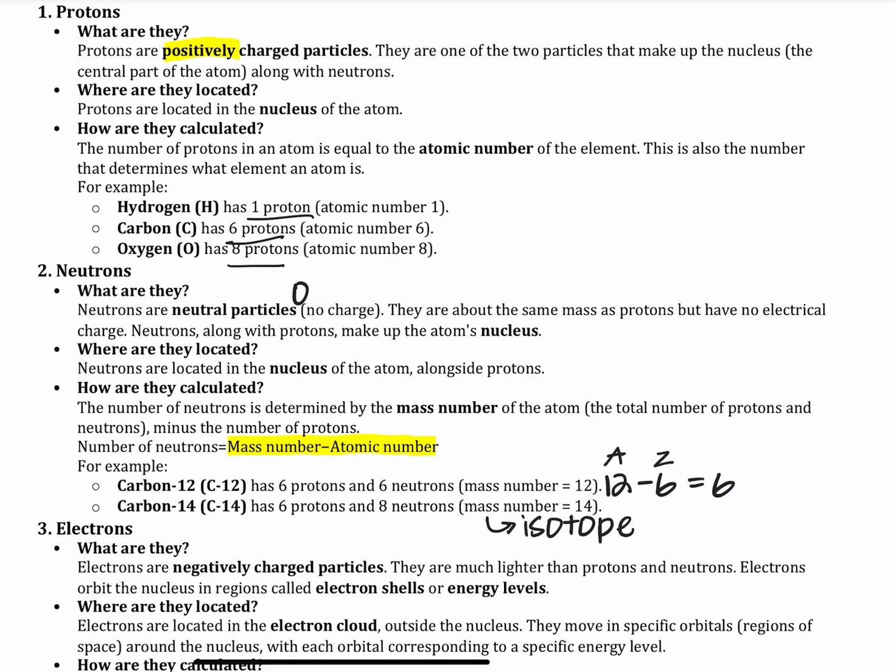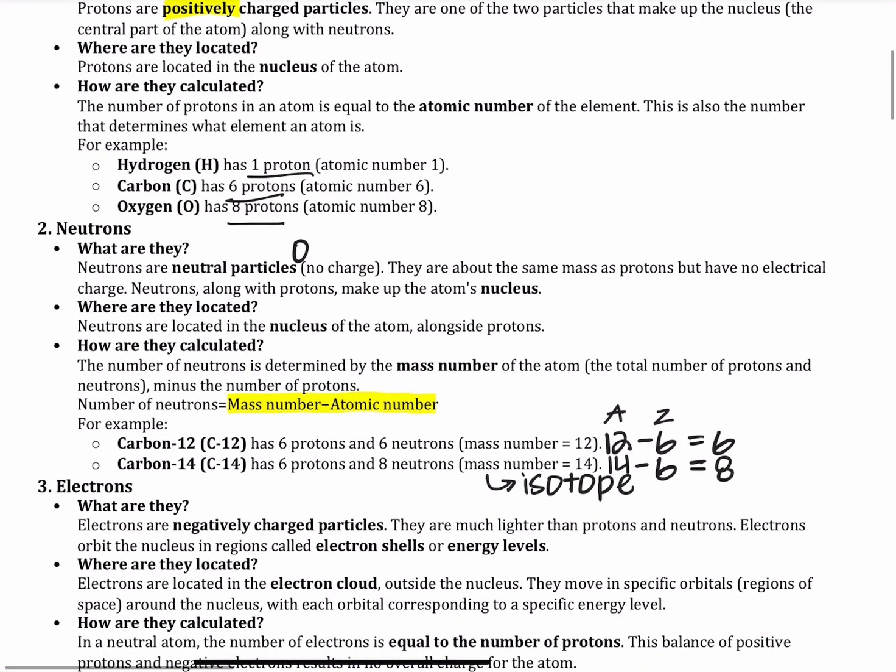In this case, the mass number is 14, and then we subtract the atomic number, which is, I'm sorry, actually 6, and we get 8. So this means that we have 8 neutrons here.